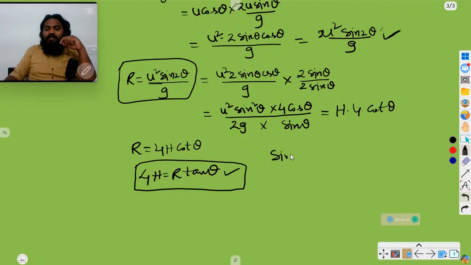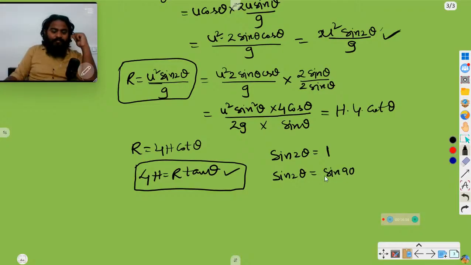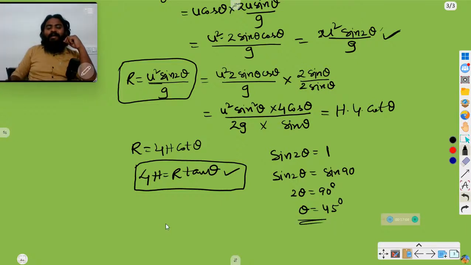The maximum value of sin 2 theta is 1 only. So sin 2 theta equals sin 90, so 2 theta equals 90 degrees, and theta is equal to 45 degrees. So the range is maximum when theta is equal to 45 degrees.